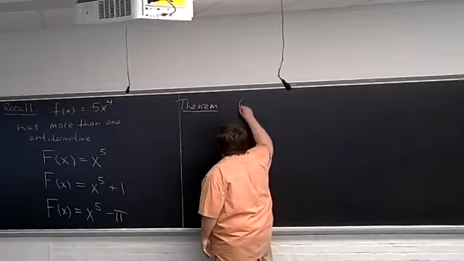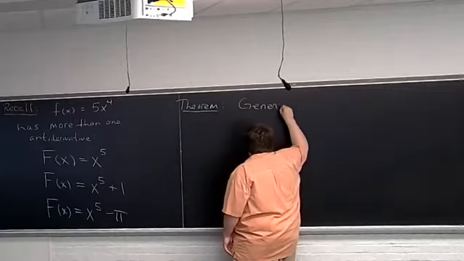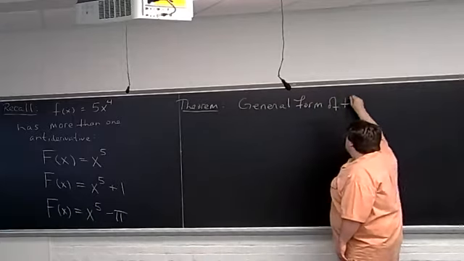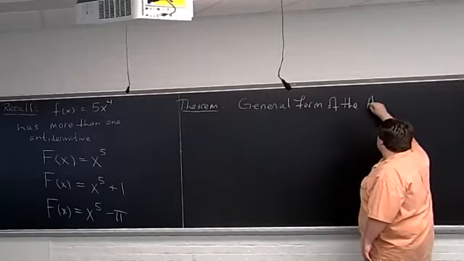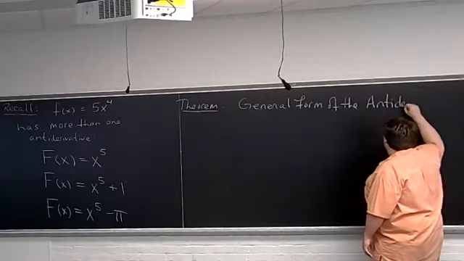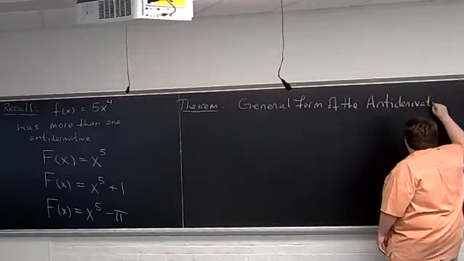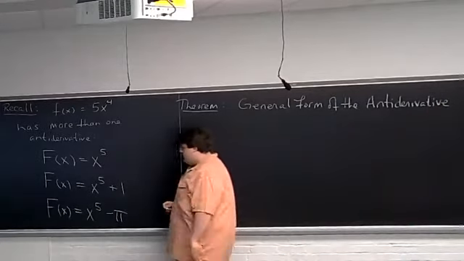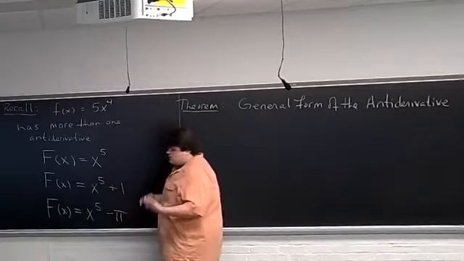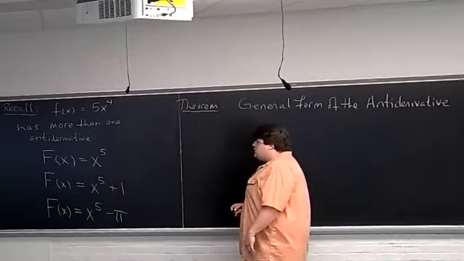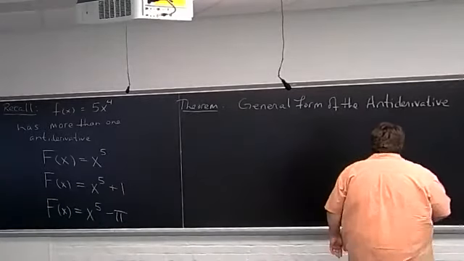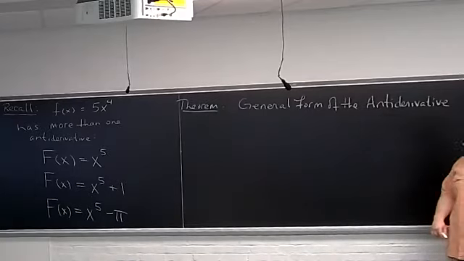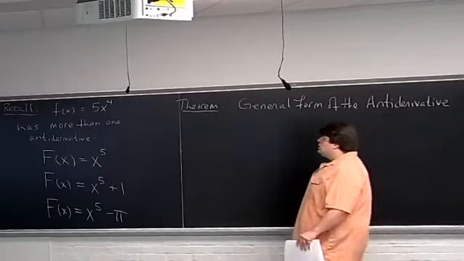So theorem, let's call it general form of the antiderivative. Now, on the exam last week, if you chose any constant, it would have been right. I believe the directions for problem 9 said find an antiderivative, find a function capital F, which satisfies F prime equals lowercase f.